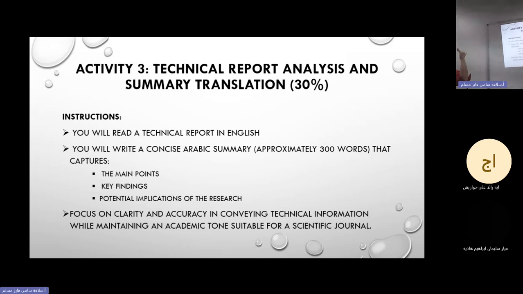I think it's 1.5 pages or 2 pages minus. You will write a concise Arabic summary. See how nice the 30%, how you'll get them for free? Okay? Concise Arabic summary of approximately 300 words. 300 words come out to a little under a page. A page minus a quarter or so. Okay?